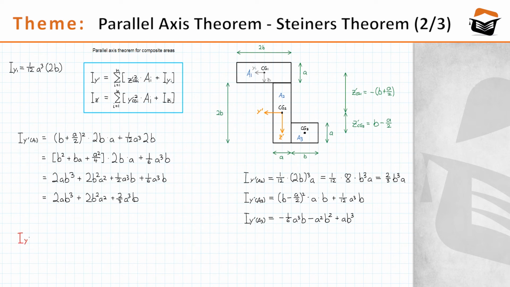So I sub y prime is equal to I sub y prime A1, A2, A3, that is equal to 2a times b to the third power.